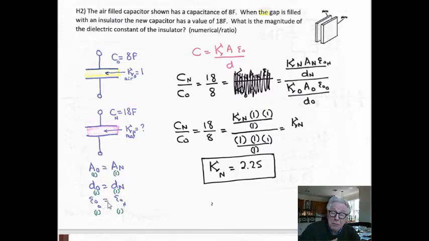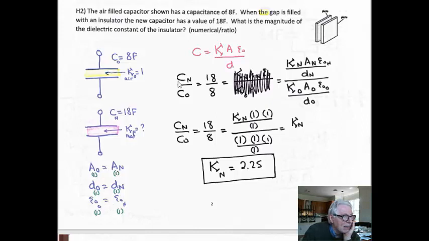What I tend to do is, if it's not changing, I call the old one 1 and the new one 1. I try to always start off with the old thing being 1. It makes the math so much easier. So rather than going A old and A new, I'll just put down 1 and 1. It just simplifies the equation.